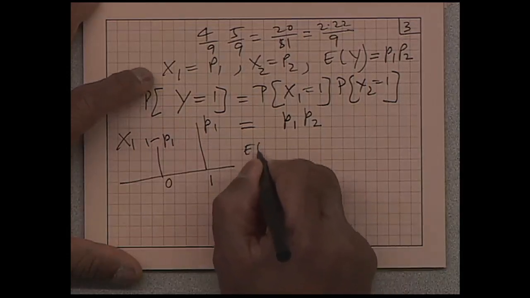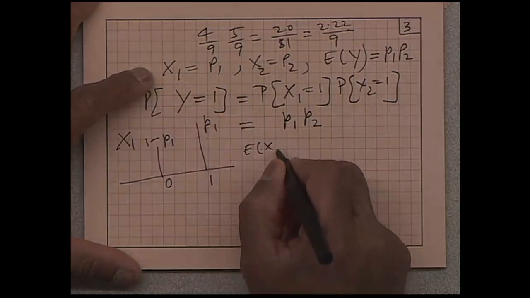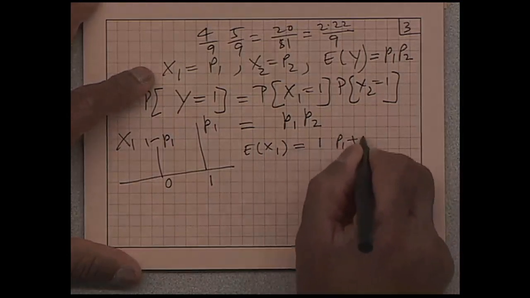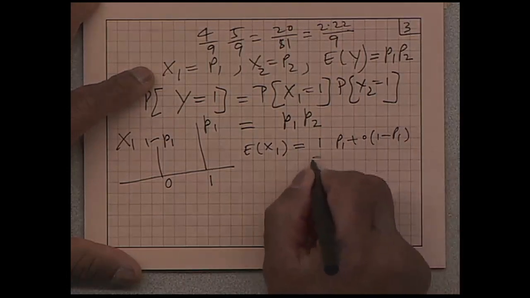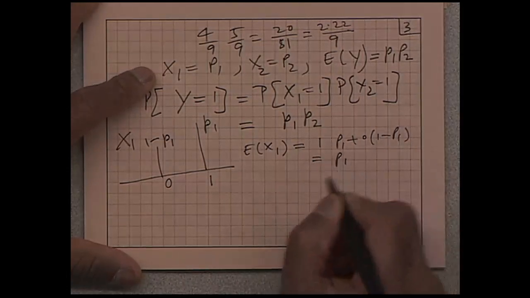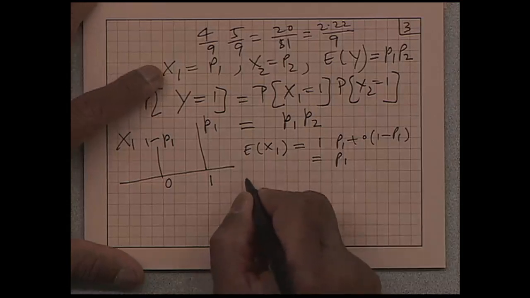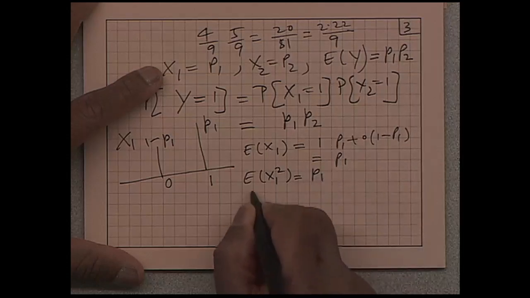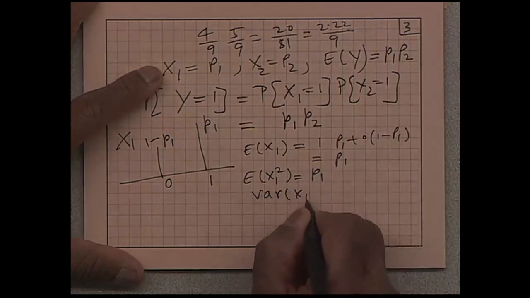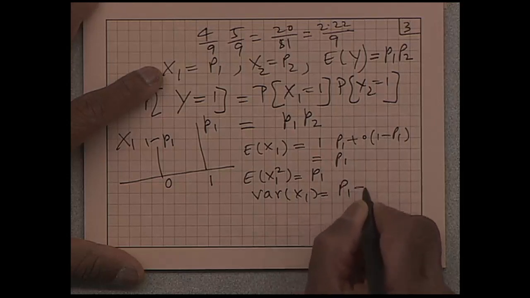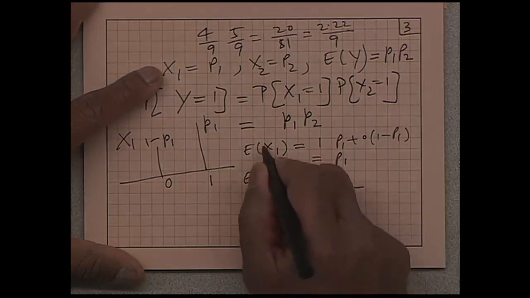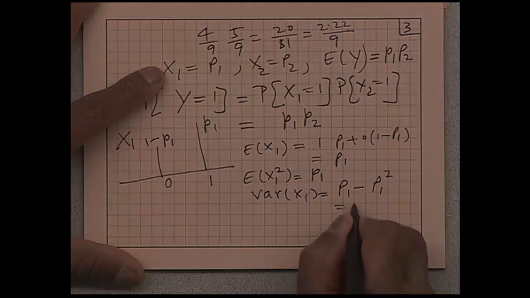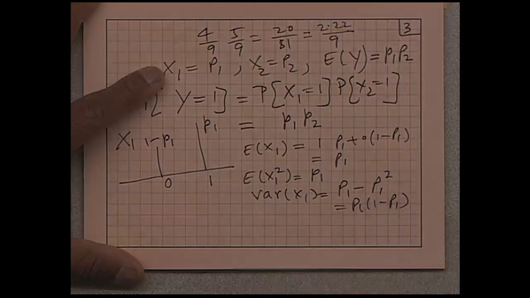So the expected value of x1, if you think of this as a Bernoulli random variable, is 1 times P1 plus 0 times 1 minus P1, which is P1. Now the expected value of x1 squared is also P1, which means the variance of x1 is P1 minus the mean squared, P1 minus P1 squared, which is P1 times 1 minus P1.